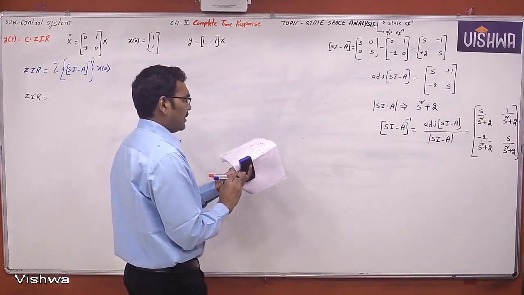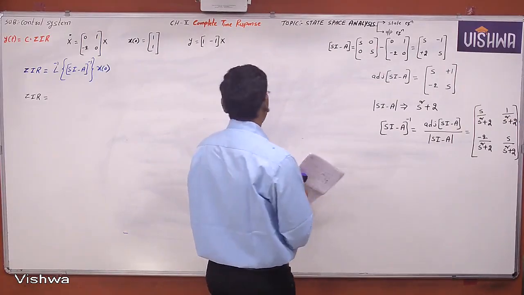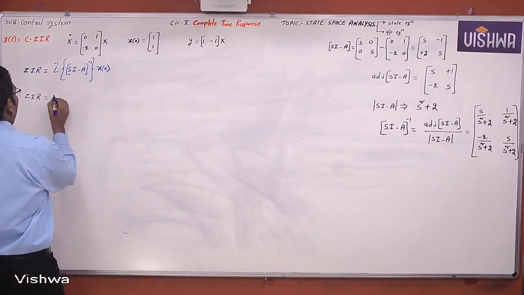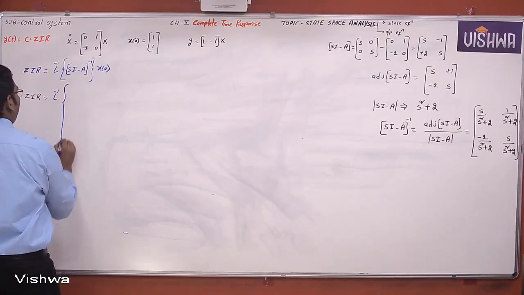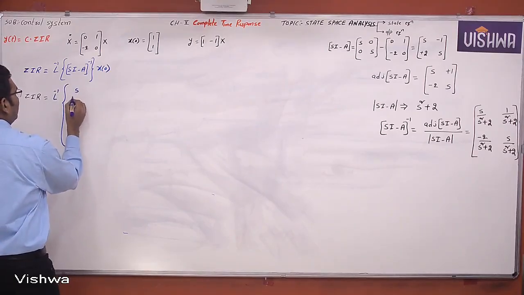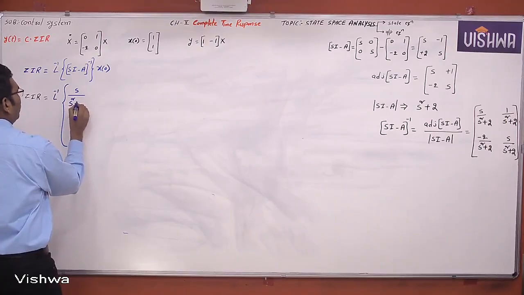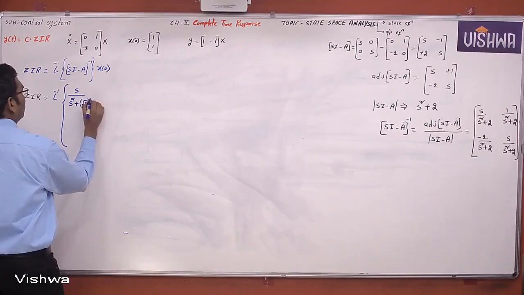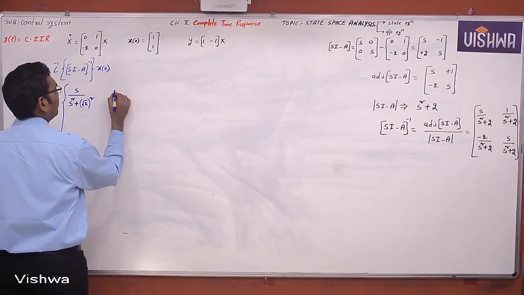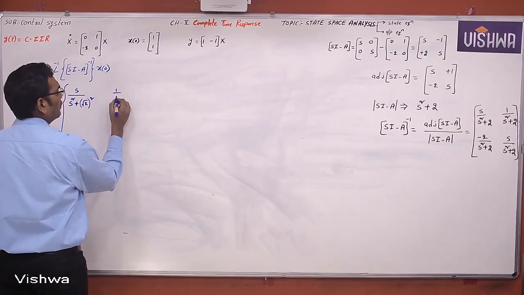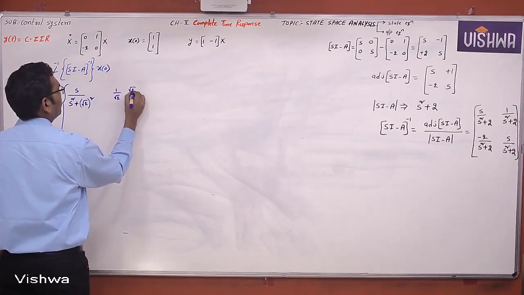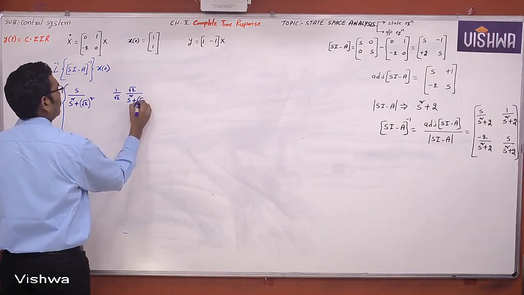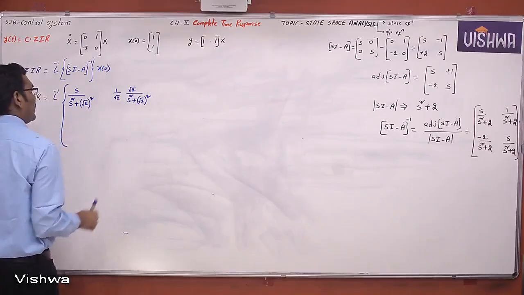So here we can write like this: inverse Laplace transformation of s by s square plus b square, where b is root 2, whole square. Now this is b by s square plus b square, with root 2 by s square plus root 2 whole square.